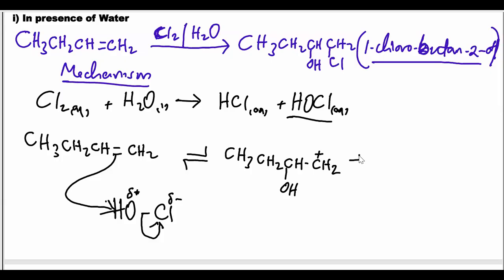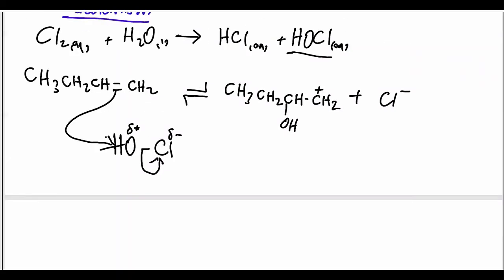Then the Cl comes and attaches to that carbon atom, and finally we have CH3, CH2, CH, OH, CH2, Cl. So that was your first method.